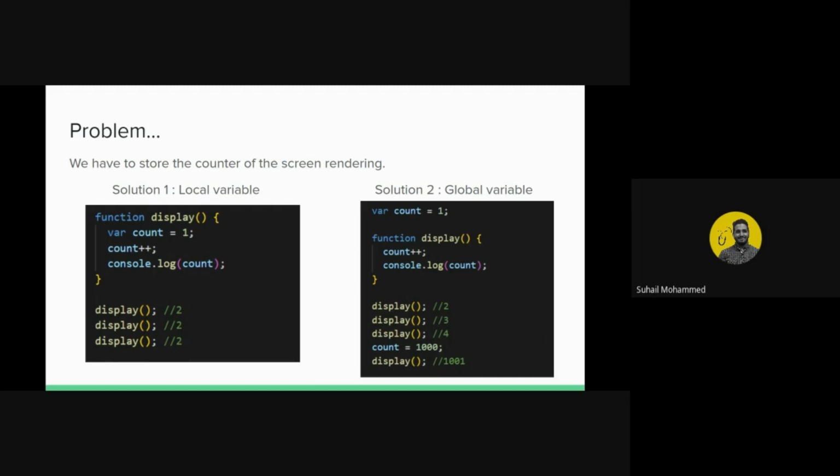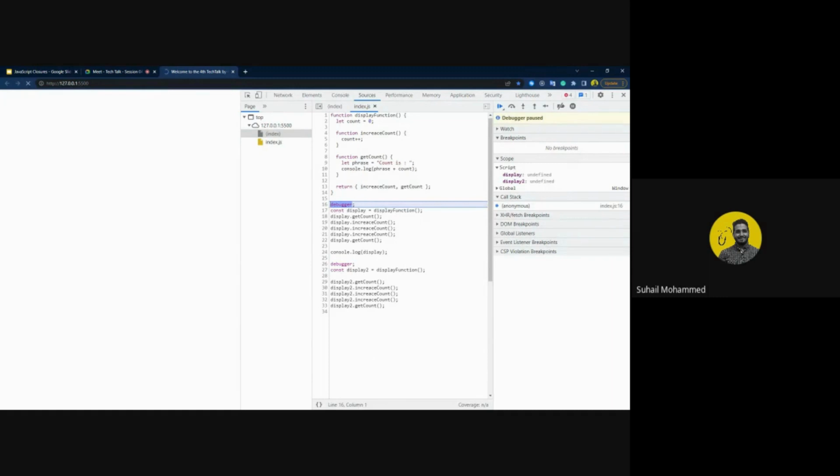So let me share the screen. So we have here the display function, which contains the count, and it also has two functions. One is increase count, which will increase the count by 1, and also it has the get count method, which will print the current count value.